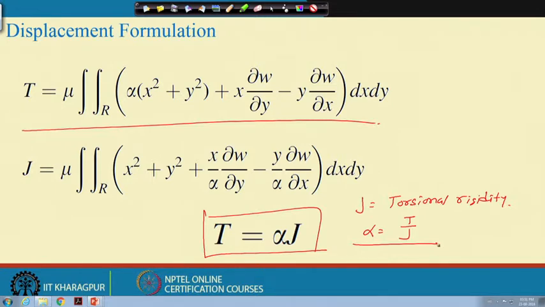If J is more, then alpha is less, meaning if the body is more rigid, the angle of twist will be less, which is very obvious, and if the body is less rigid, more flexible, the angle of twist is more. That is why J is called rigidity, and since it is related to the angle of twist, to torsion, this is called torsional rigidity.